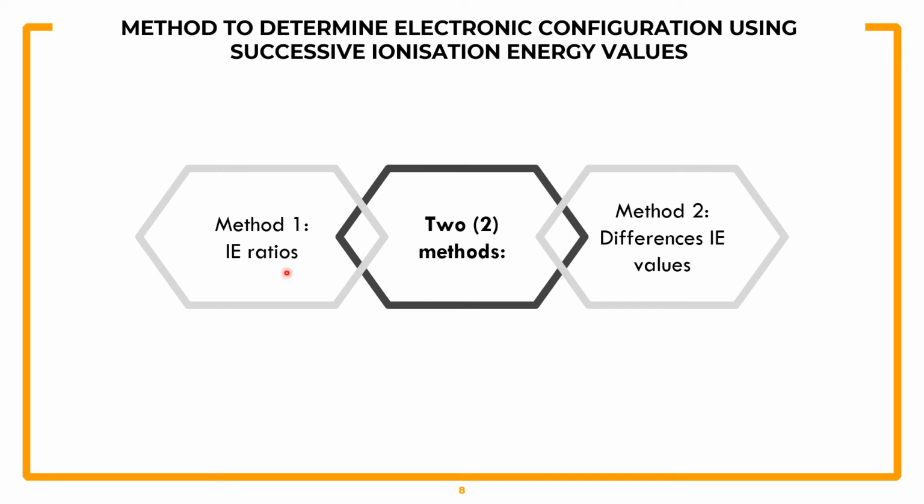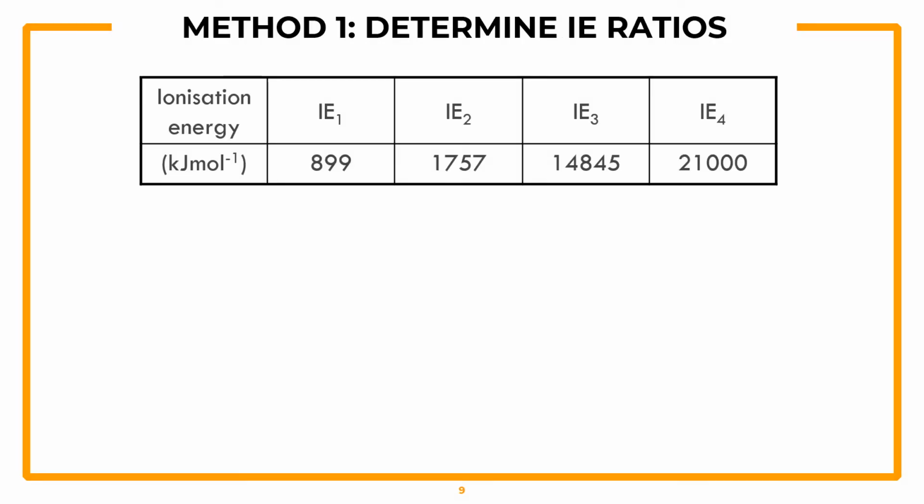Yang ni kaedah ratio, iaitu kaedah bahagi. Okay, kaedah ratio tu kaedah bahagi. Kalau differences ni kaedah apa? Kaedah tolak. Okay, sekarang jom kita tengok macam mana nak identify group, block dan juga valence configuration untuk unknown element dengan menggunakan kaedah successive IE ratios.